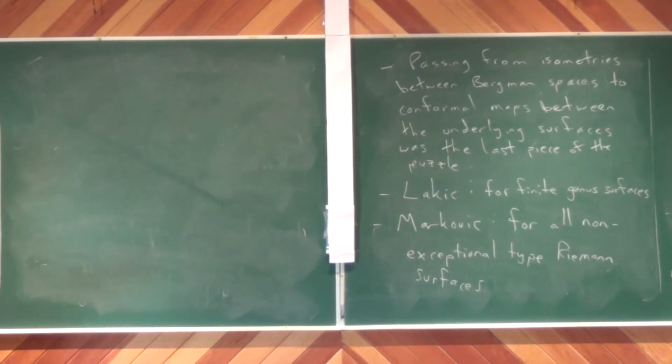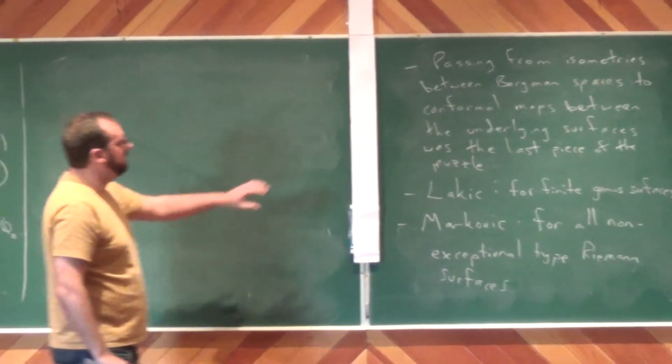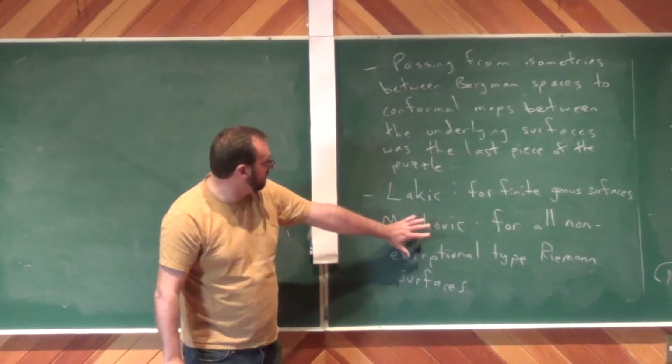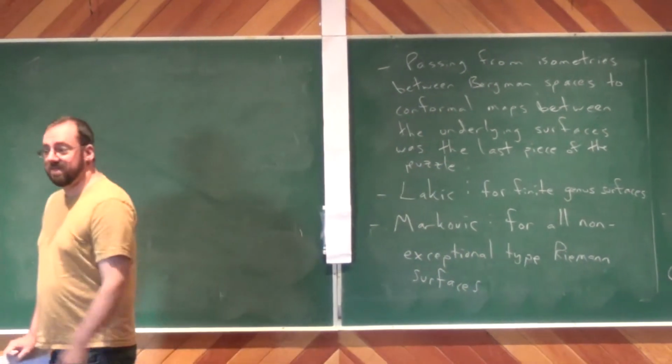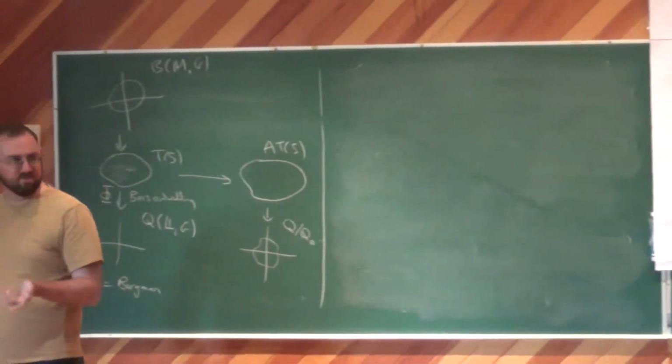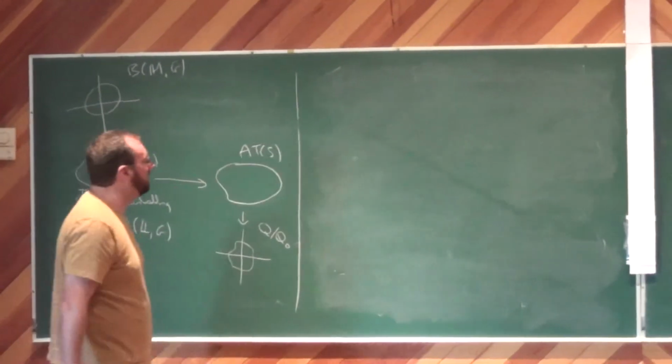Okay, so what this is saying is that if you have, or at least the steps that Nicola Lakich and Vlad Markovits did, is that if you have an isometry between your Bergman spaces, that tells you something very strong about the surfaces. They're quasi-conformally related.